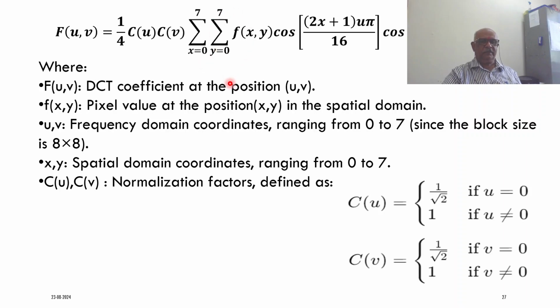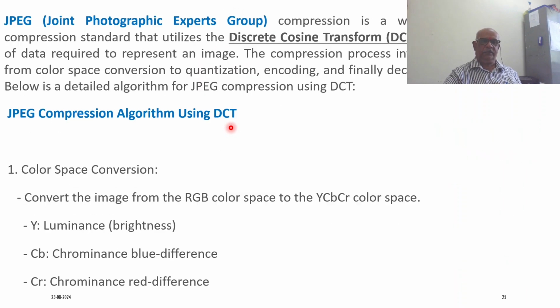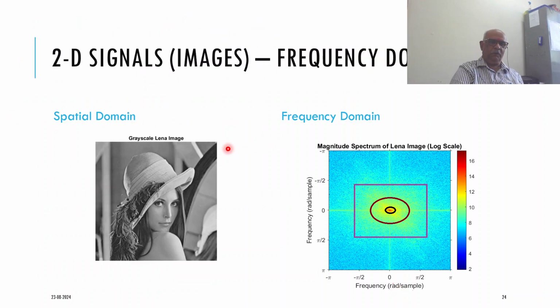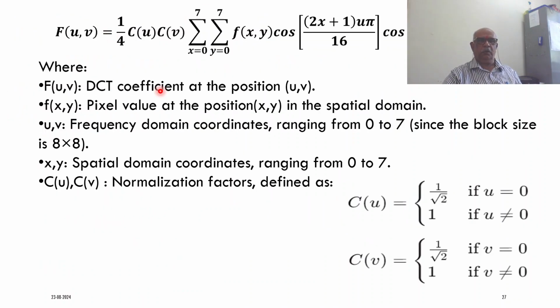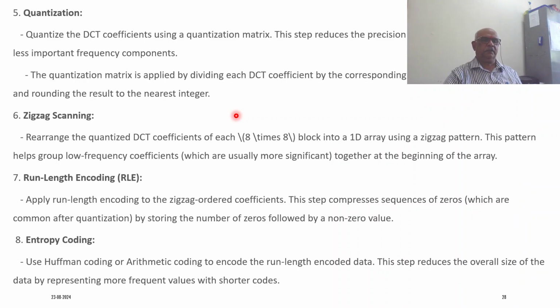We have taken a subblock area of 8 cross 8. So essentially, we don't take the whole image. We take a small segment of 8 cross 8, followed by 8 cross 8, and so on. Then JPEG represents these through quantization.